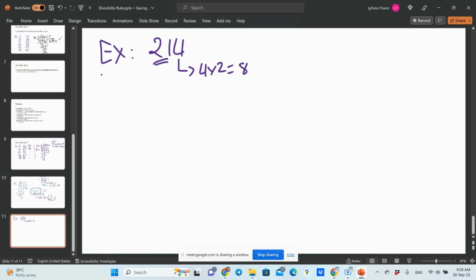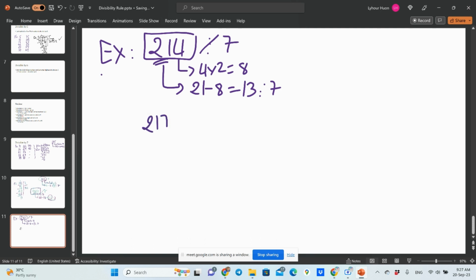Then we subtract 8 from the other digits, 21. 21 minus 8 is 13. Is 13 divisible by 7 or not? No. So this number is not divisible by 7 by the rule. We can check whether it is really not divisible by 7.